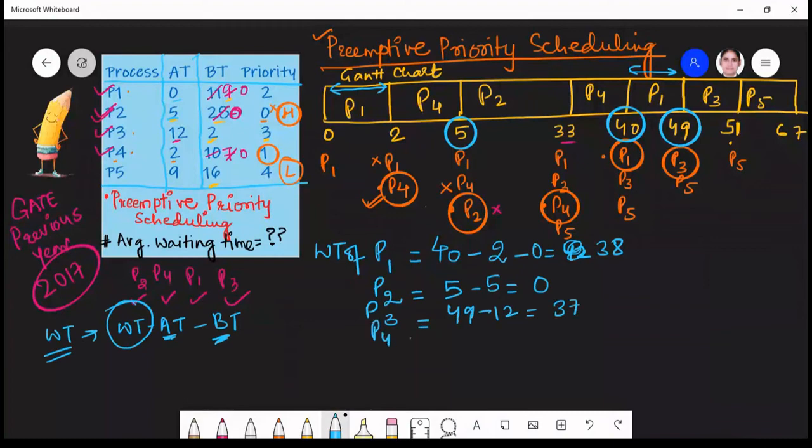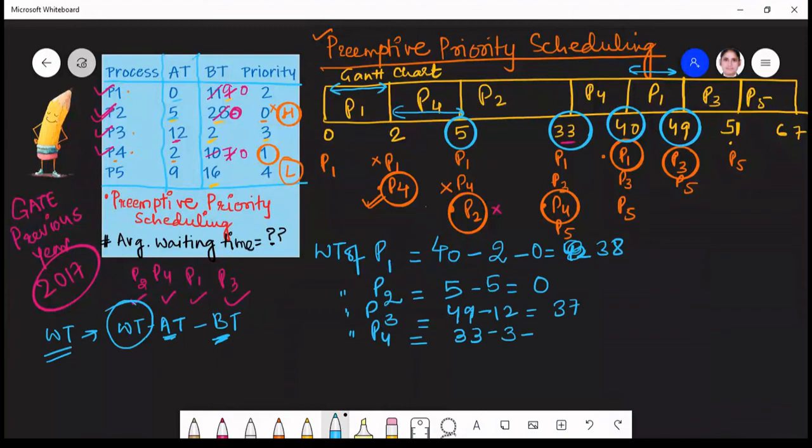After that, the waiting time of P4. You can see from here, P4 got its turn at 33 milliseconds, right? Here you have to be very careful. During this time, from here to here, this process was not waiting, but it was executing for 3 milliseconds. So you have to subtract the execution time as well as the arrival time.